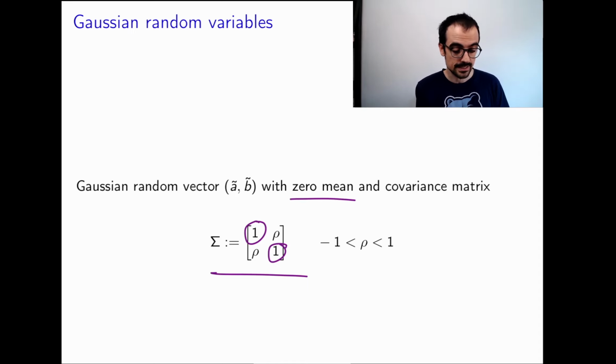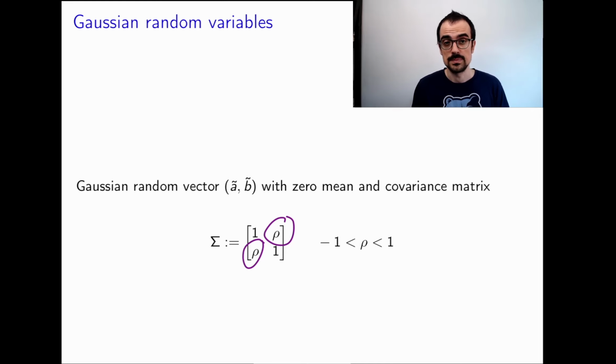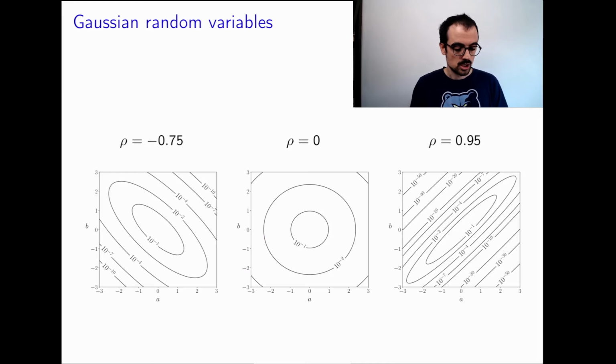We have already seen in a previous video that we can interpret this parameter rho as the correlation coefficient between the random variables. And if we look at the contour lines of the Gaussian random variables, their ellipses and their shapes are determined by rho.